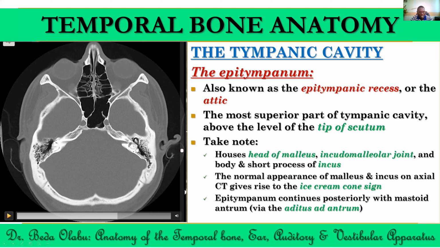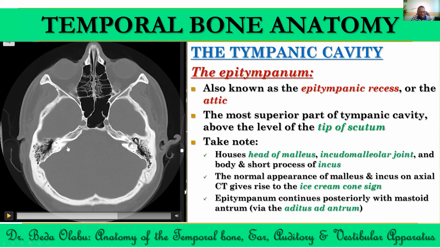We can also see the lateral semicircular canal there. We can see the labyrinthine portion of the facial nerve there, geniculate ganglion, and the tympanic portion of the facial nerve there. This is the internal auditory meatus.